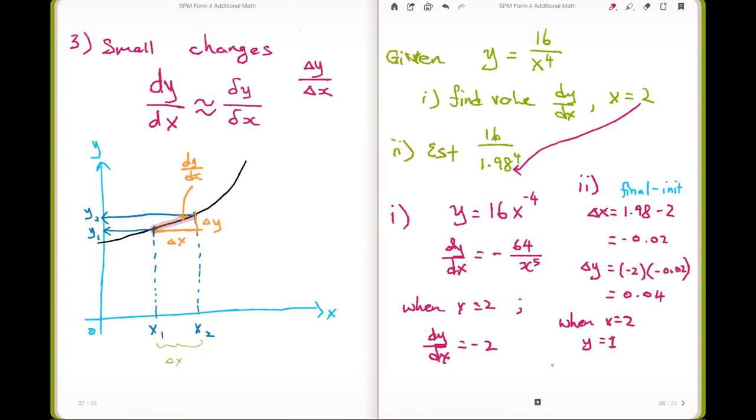Therefore 16 over 1.98 power 4 will be equal to my y plus the small change of y, which is now 1 plus 0.04, and it turns out to be 1.04.